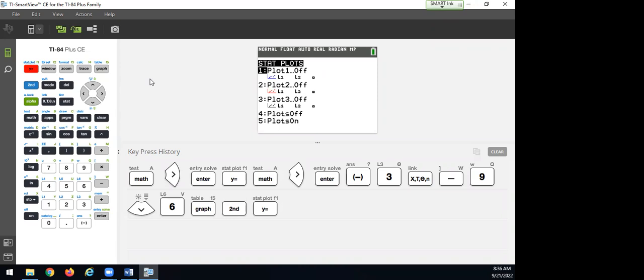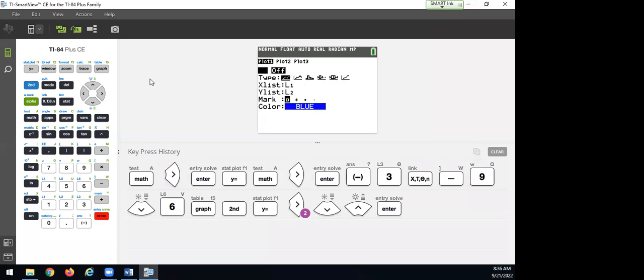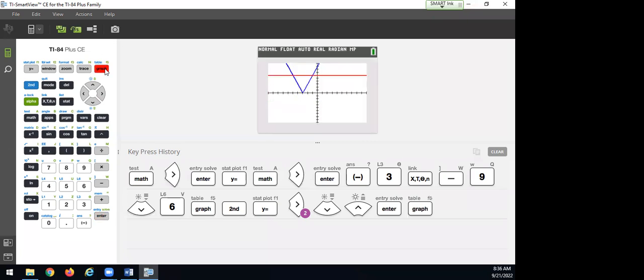Go to stat plot 1. As you can see, mine is off. If yours is on, turn it off. Make sure stat plots 1, 2, 3, and 4 are off. Then go back to graph and you should be able to see your equations.